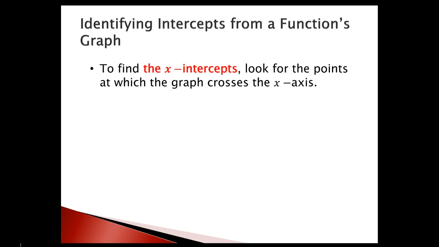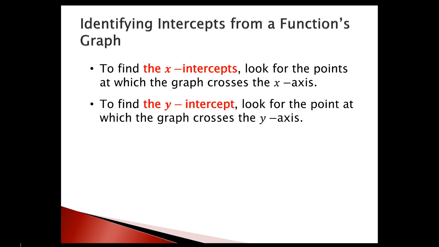And also we are going to identify the intercepts from a function's graph. To find the x-intercepts, we need to look for the points at which the graph crosses the x-axis. And to find the y-intercept, look for the point at which the graph crosses the y-axis.